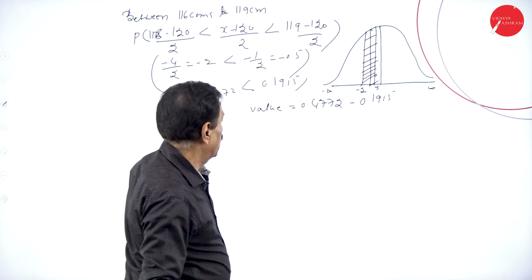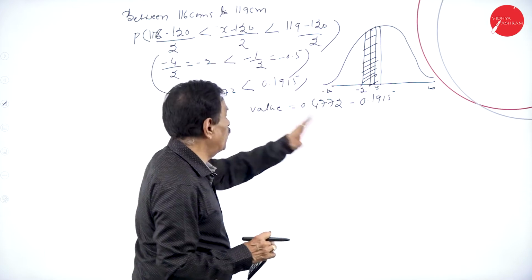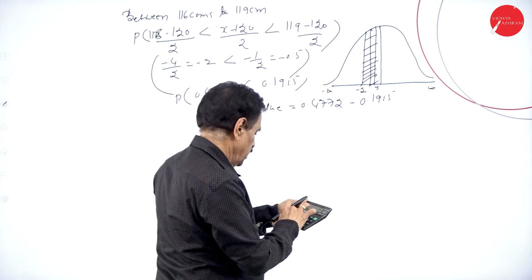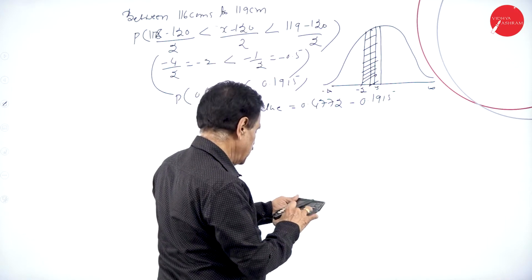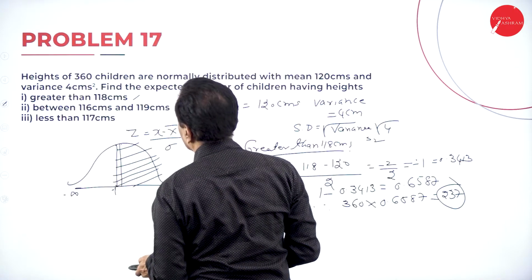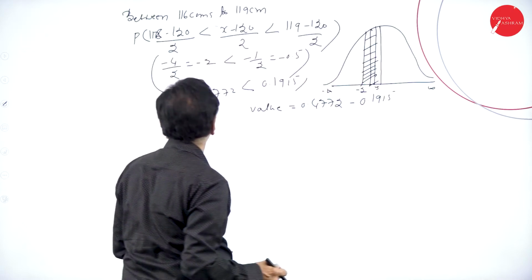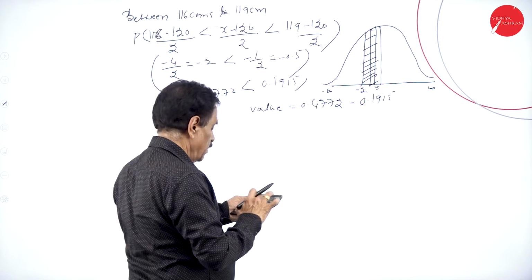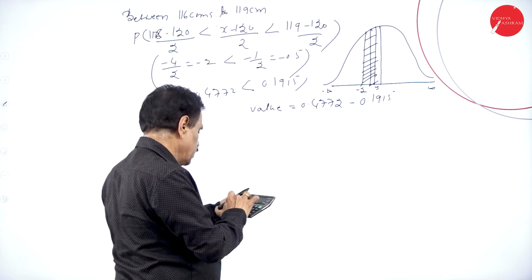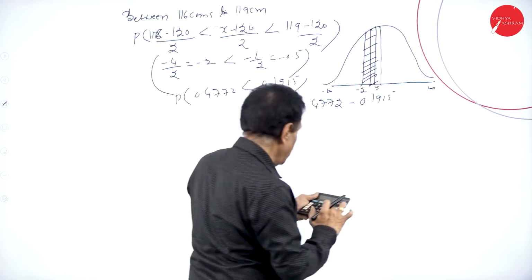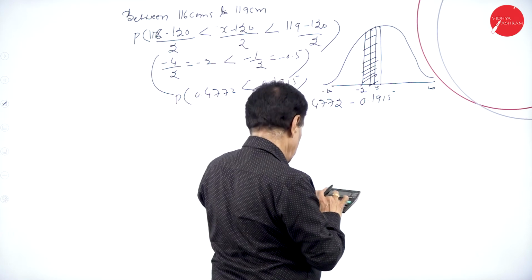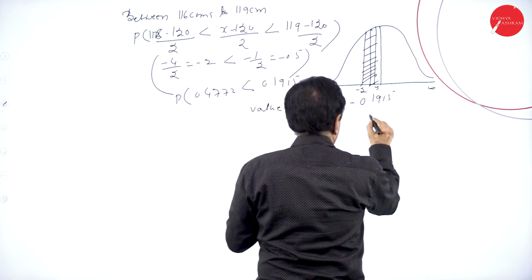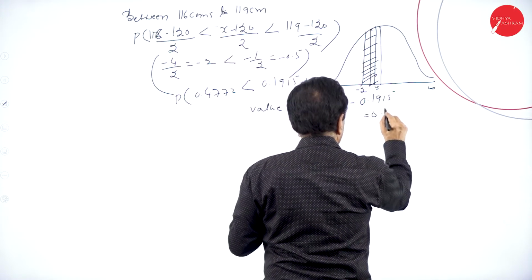Deduct: from the highest value, deduct the lowest value. 0.4772 minus 0.1915 is 0.2857.